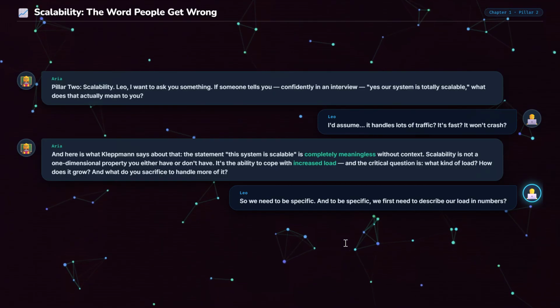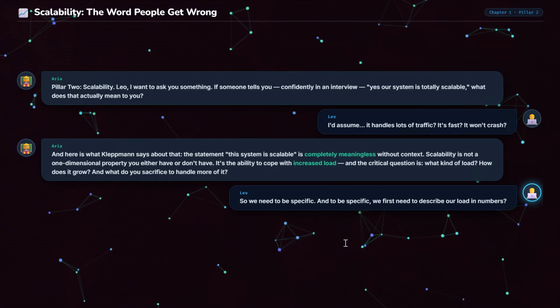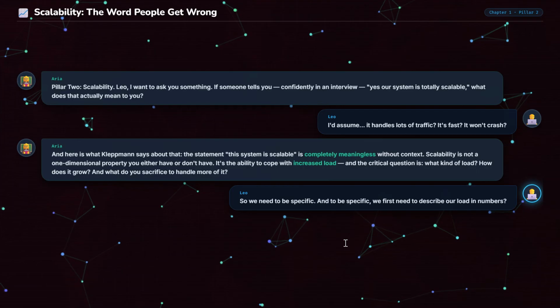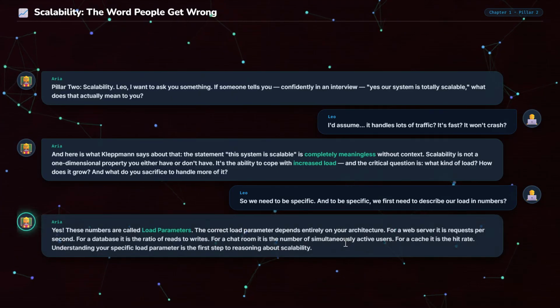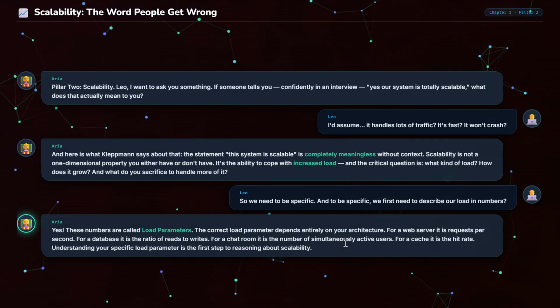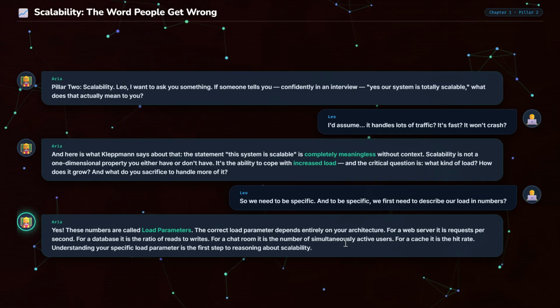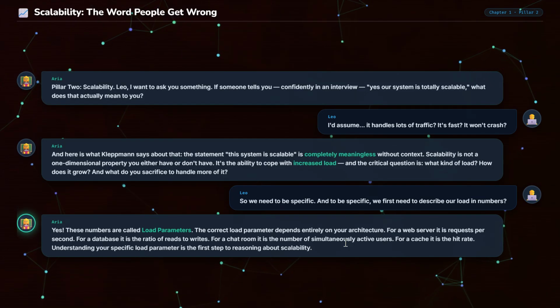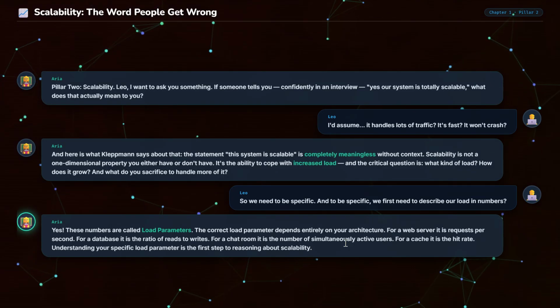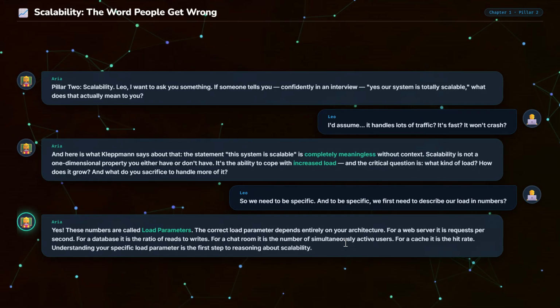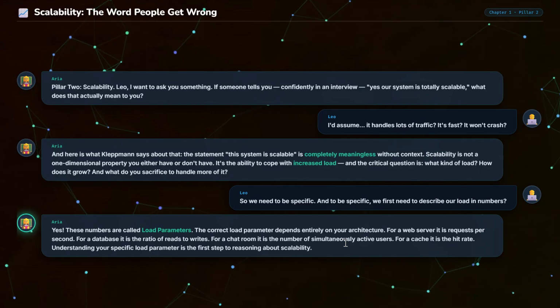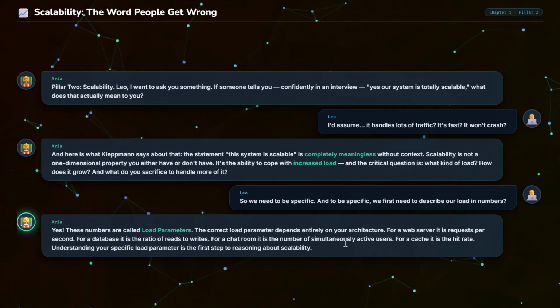And to be specific, we first need to quantify our load in concrete numbers. Exactly. These numbers are called load parameters. The right load parameter depends entirely on what kind of system you are building. For a web server, requests per second.